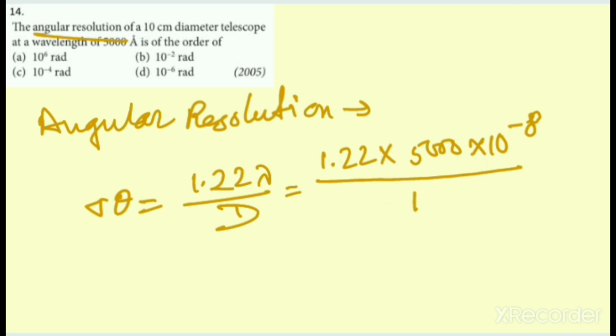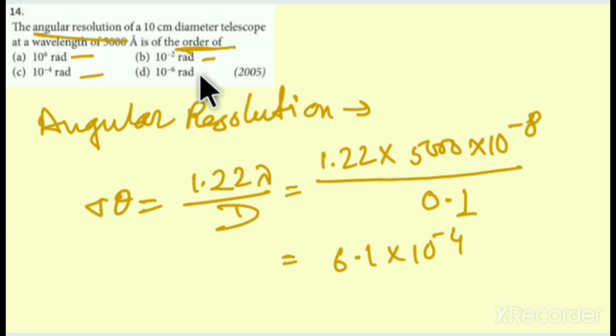If we convert it into meters, d is 0.1, and this will result in something like 6.1 into 10 to the power minus 4. So we need the order, of 10 to the power minus 6, minus 4, minus 3, or minus 2.